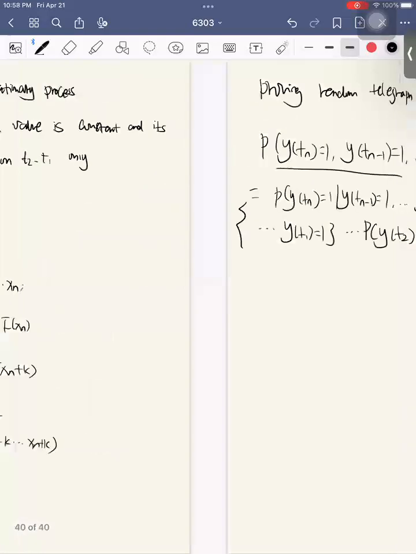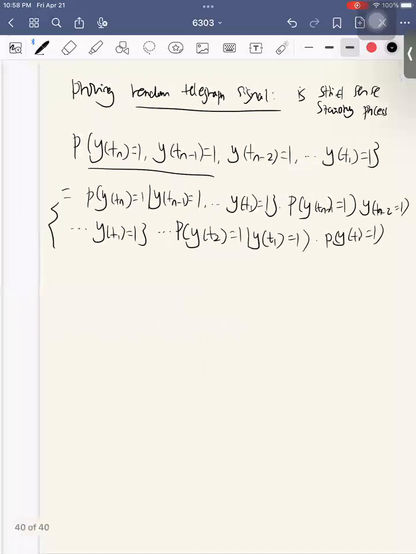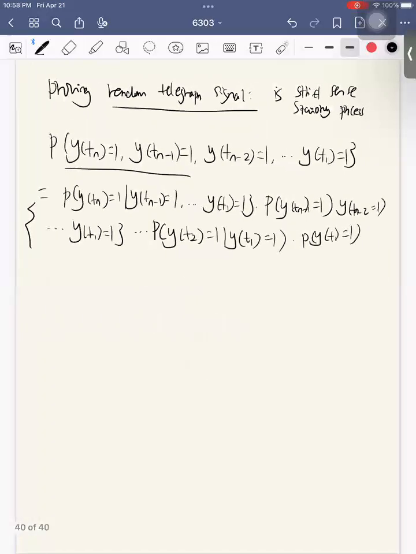So we can say this random telegraph signal is a strict sense stationary process, based on the hint given in the homework. So now we have successfully proved this equation, and that's pretty much how we do this question.